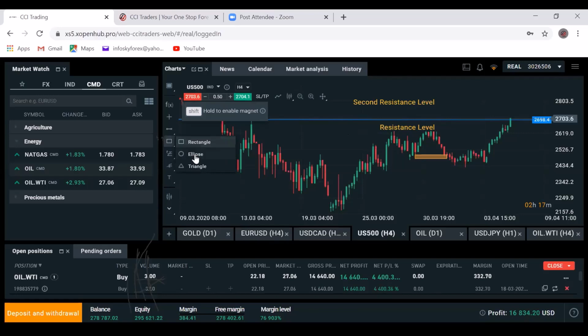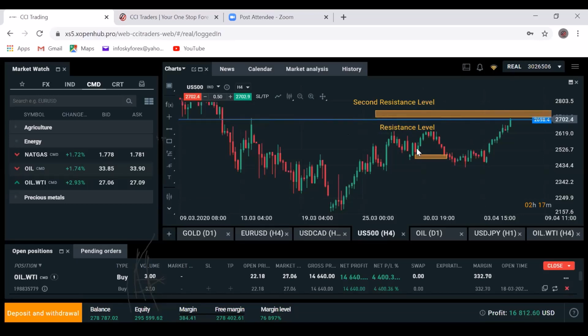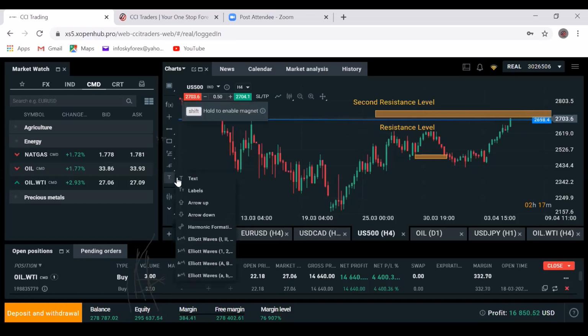This is a good price to sell US 500. This point in US 500 is a selling zone.